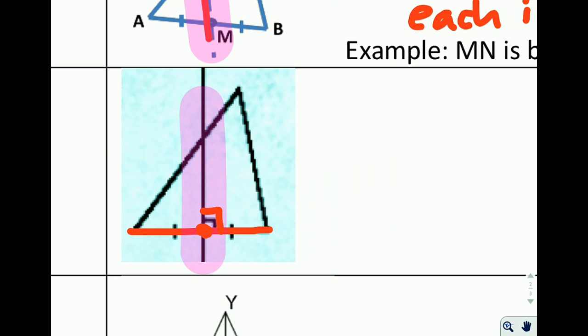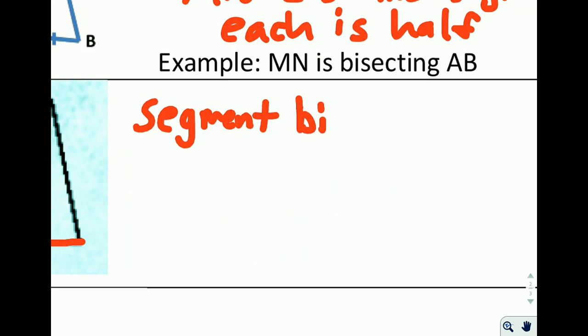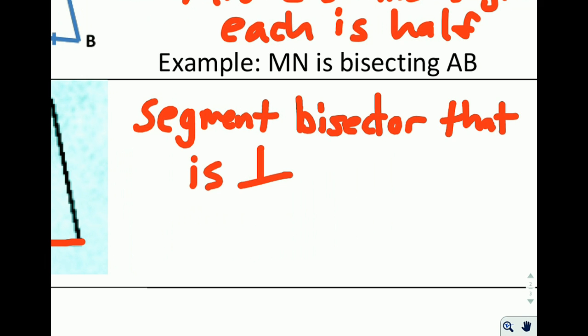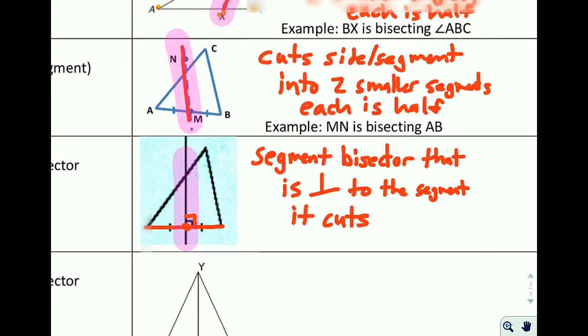So segment bisector that is perpendicular, upside down T, perpendicular to the segment it cuts.